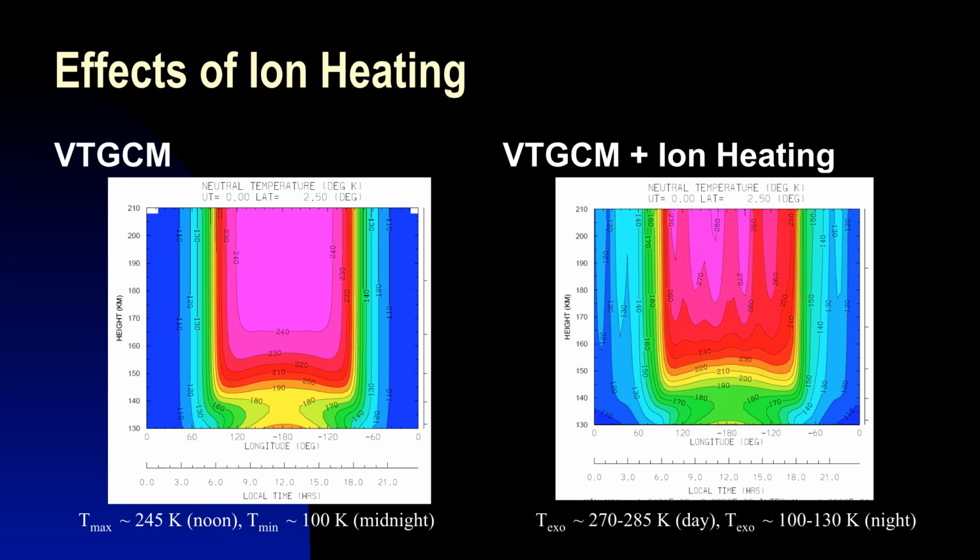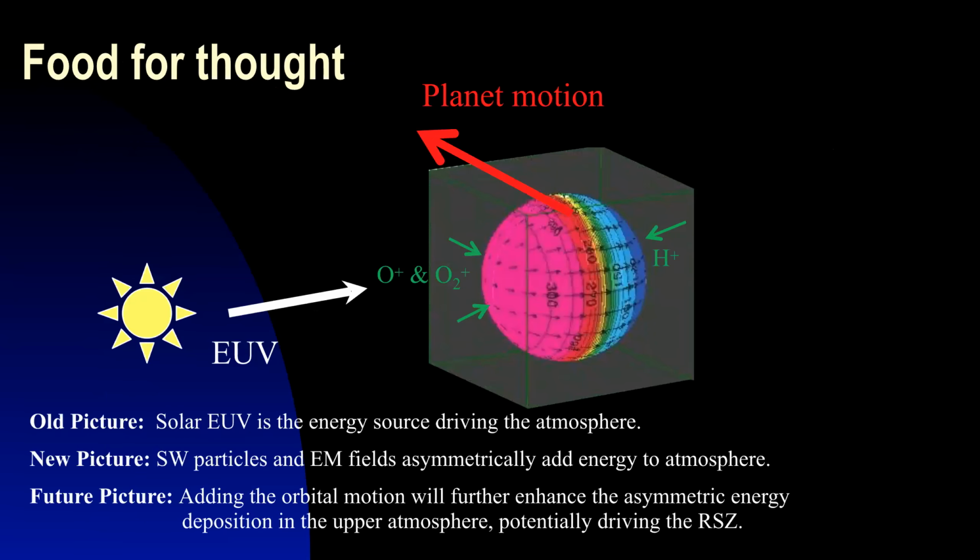When you add the ion heating, the day temperature ranges between 270 and 285 degrees Kelvin, so a significant increase over the previous results. And the night side temperature goes from 100 to 130 degrees Kelvin. So the ions are giving a substantial amount of heat to the atmosphere, and that will change the atmospheric dynamics.